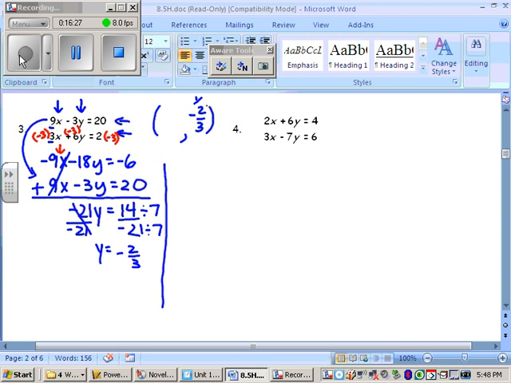We then need to choose one of our original equations and plug negative 2/3 in for y. I'm going to go ahead and choose our first equation, 9x minus 3y equals 20. So I will replace the y with negative 2/3 because we found that to be its value in the first half of this problem.